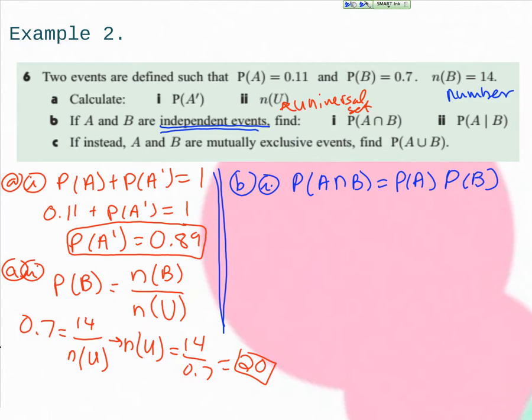It says they are independent. So we have 0.11 times 0.7, which is 0.077.